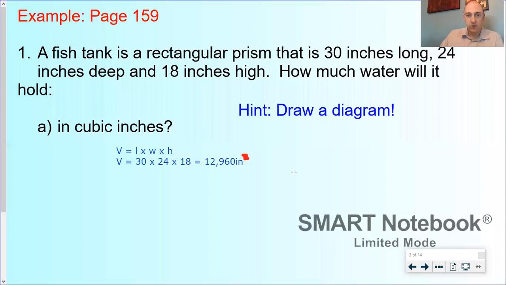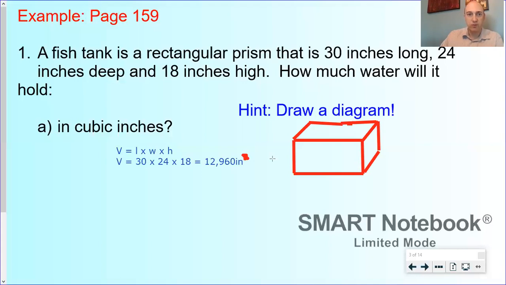I didn't draw a diagram, but I guess the hint says I should. If I were to draw a diagram, I'm going to have a 30-inch long base, 24 inches deep, and 18 inches high. Sometimes the word depth is used to mean horizontal depth. In this case, that would be the 24 inches depth there. And your fish tank might look something like this.